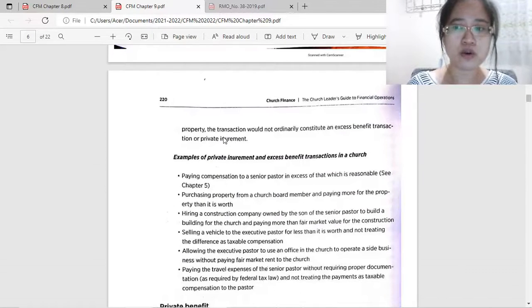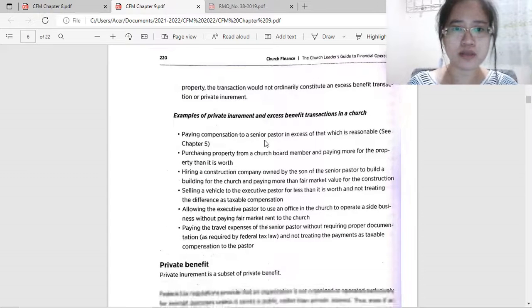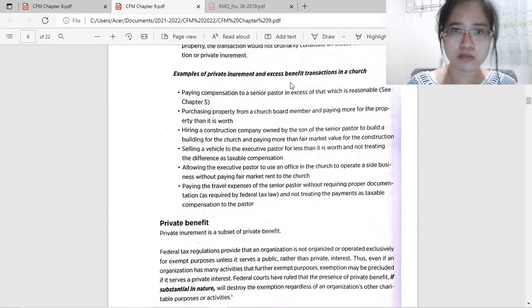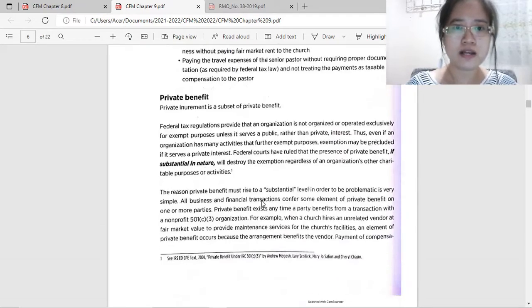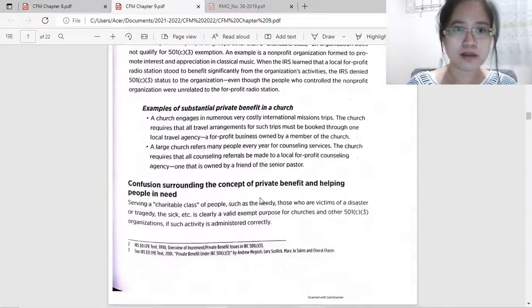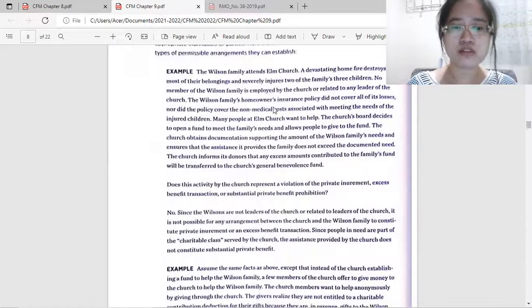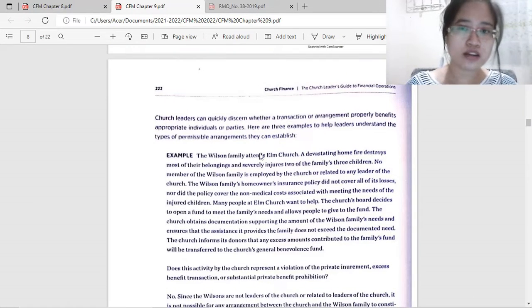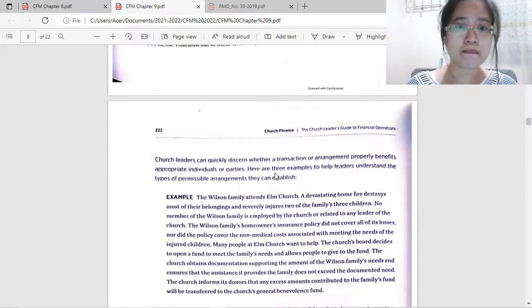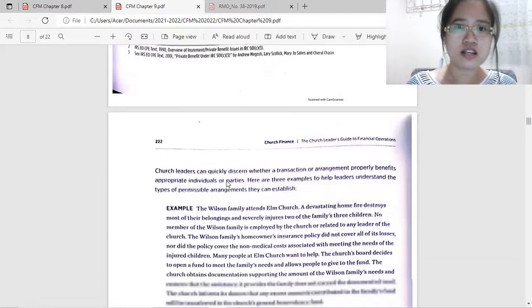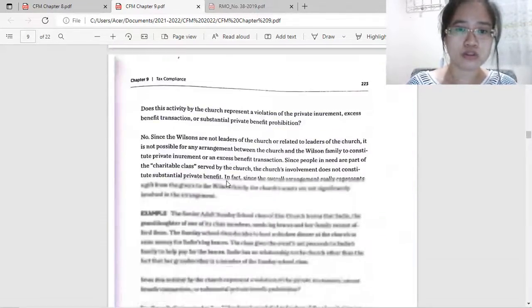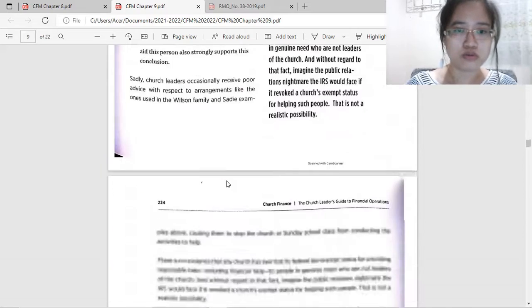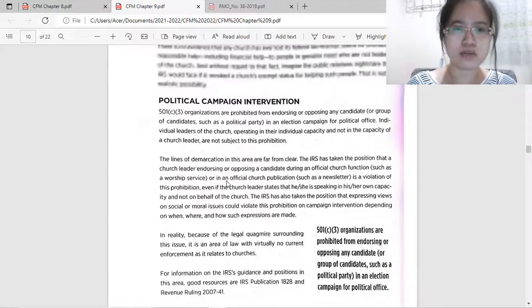In a way, they are quite true even here in the Philippines. Examples of private inurement and excess benefit transactions in a church are the following. There are also examples here to check or to establish whether something is permissible or not. So these examples are good. It also holds true for what we have here in the Philippines.